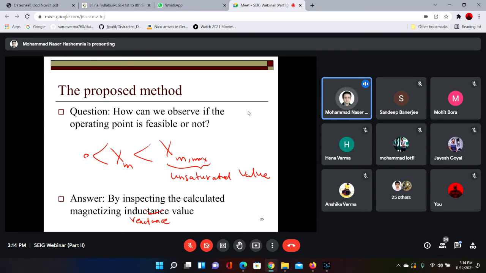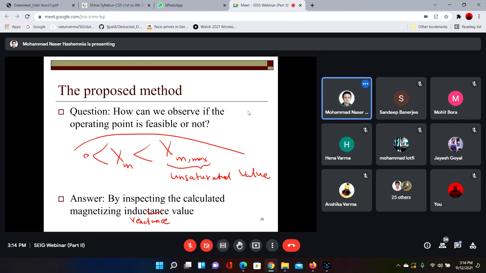After you calculate Xm, you should check if Xm satisfies this inequality, then that operating point is feasible. But in case Xm is negative or higher than this unsaturated value, the reactance cannot be higher than the unsaturated value. So in these cases, you don't actually have successful voltage buildup.